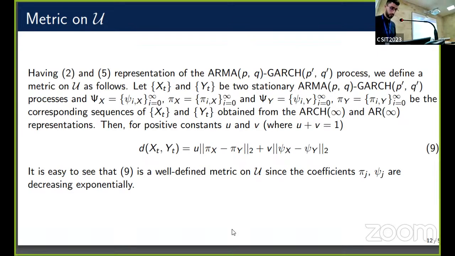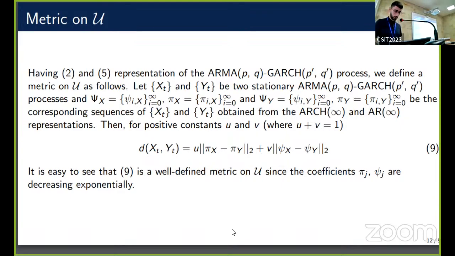We want to define a metric on the ARMA-GARCH processes. Since we have two infinite sequences for each ARMA-GARCH process, which define our random process, we define a metric on U, the space of invertible ARMA-GARCH processes, as follows.